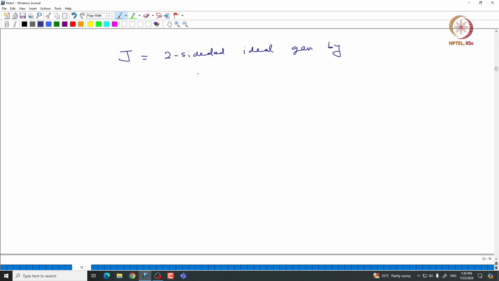So you can simply take the two-sided ideal generated by V tensor V, where V runs over capital V. If we go modulo this ideal in T of V, then we get the exterior algebra.